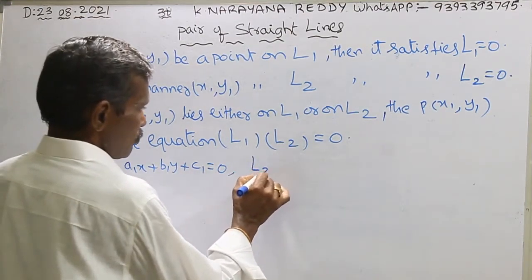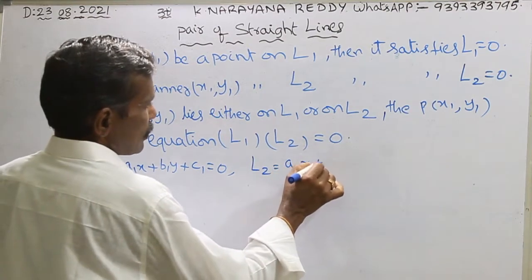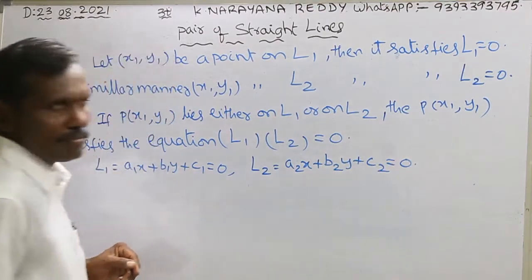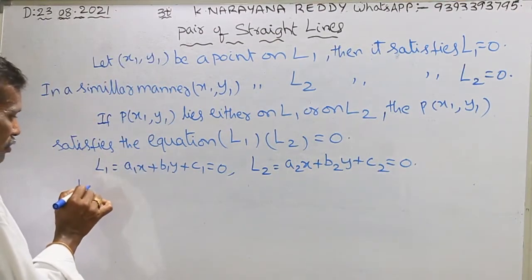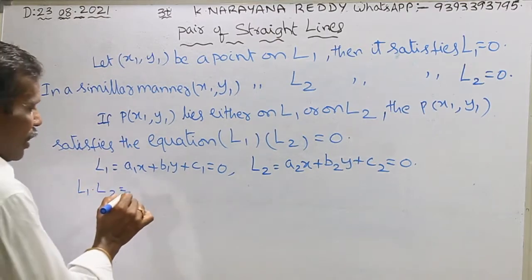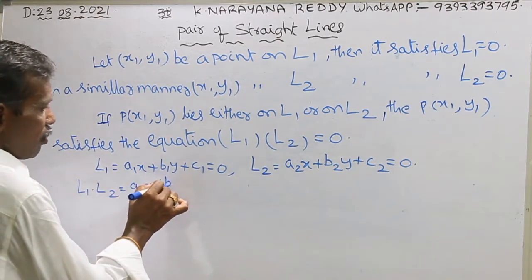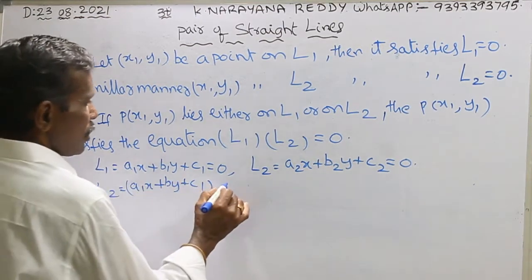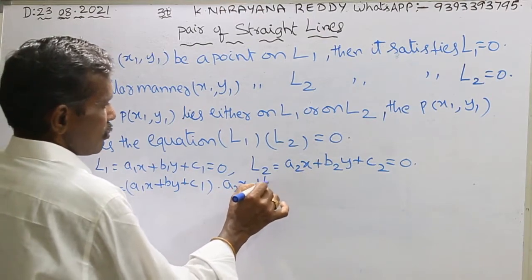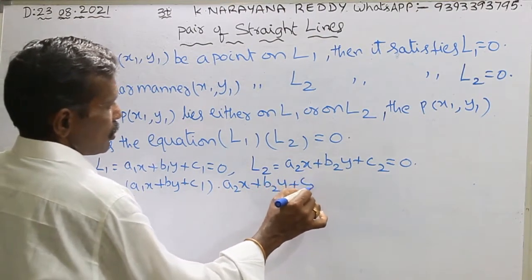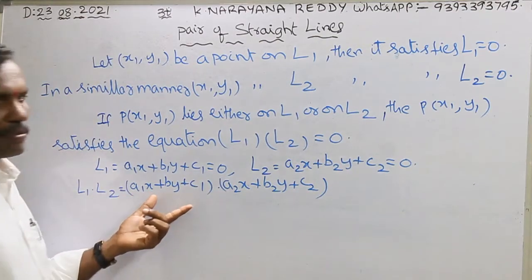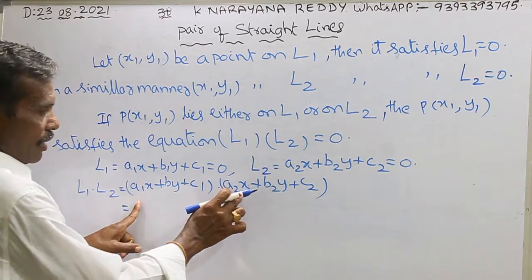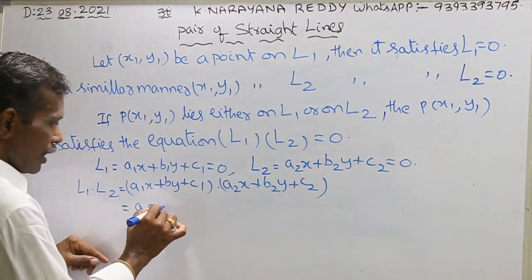Take L2: A2x plus B2y plus C2 equals 0. The product is (A1x plus B1y plus C1) into (A2x plus B2y plus C2). This is the product of A1x into A2x, A1A2 x square.